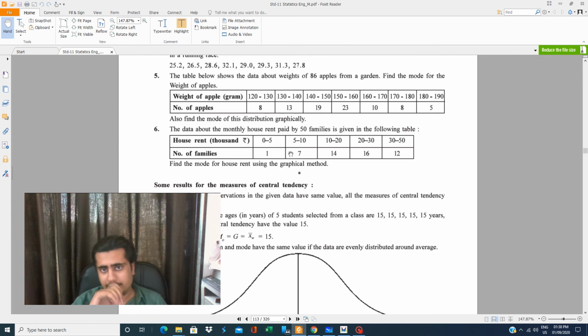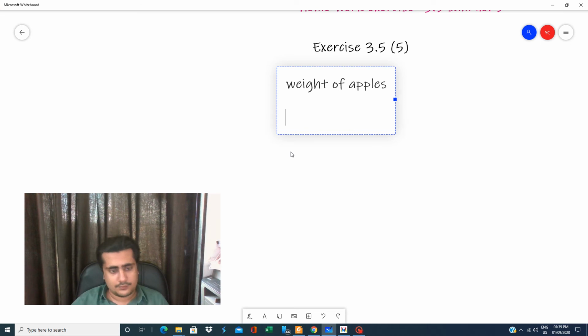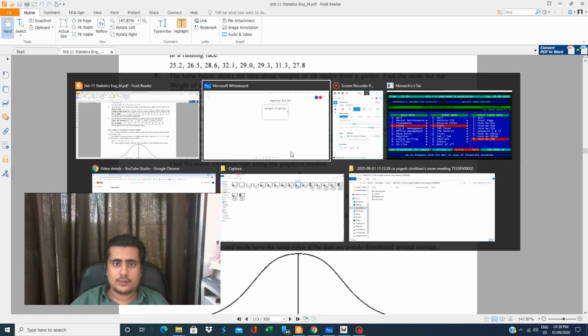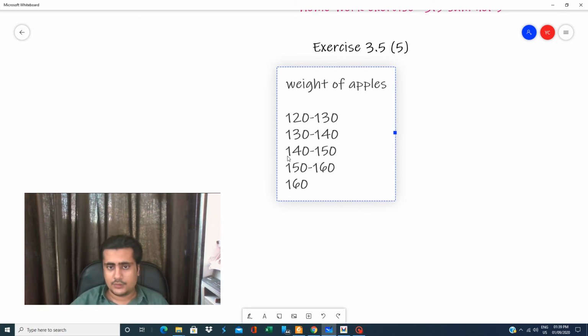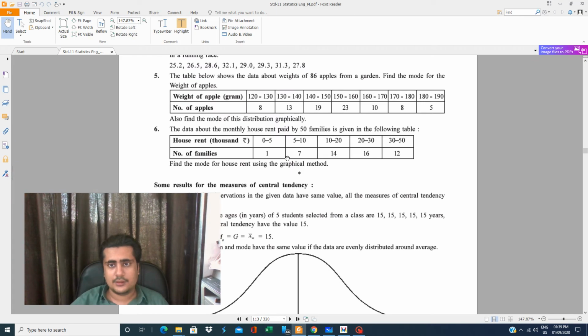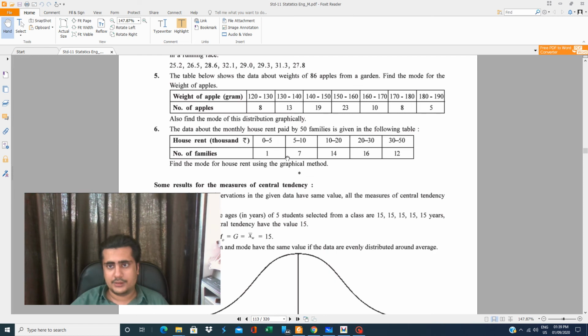See now, what is the question? The table below shows the data about the weight of 86 apples from a garden. Find the mode for the weight of apples. So the weight of apples is given: 120 to 130, 130 to 140, 140 to 150, 150 to 160, 160 to 170, 170 to 180, 180 to 190.